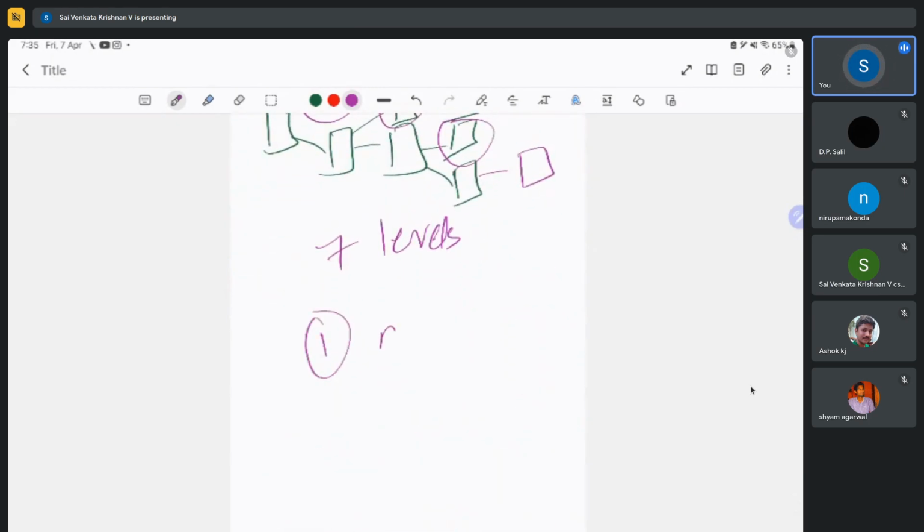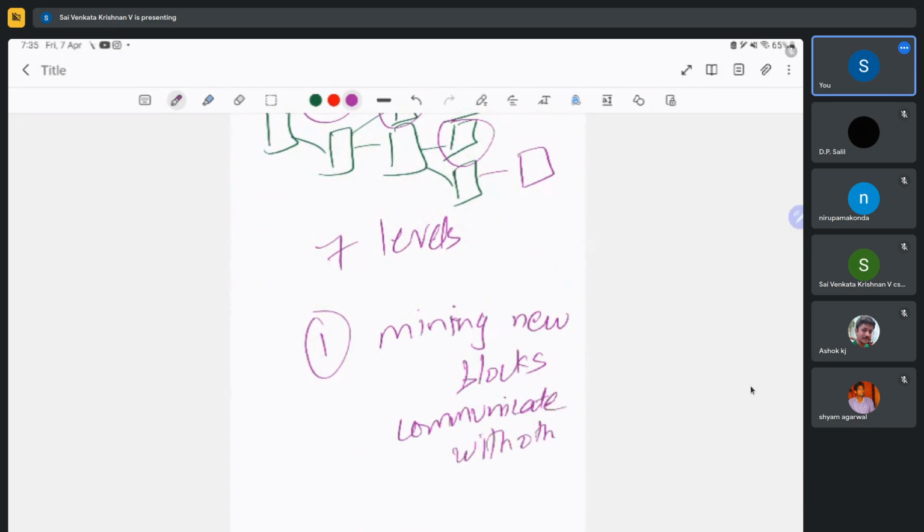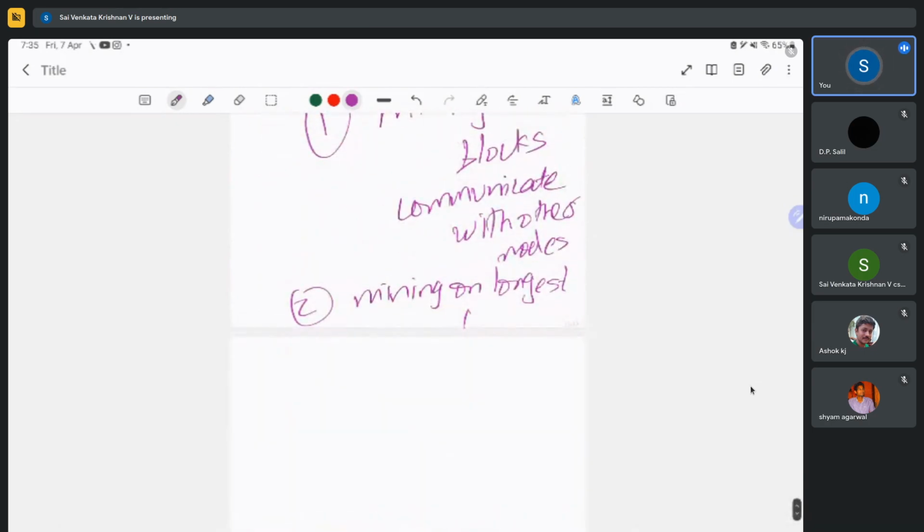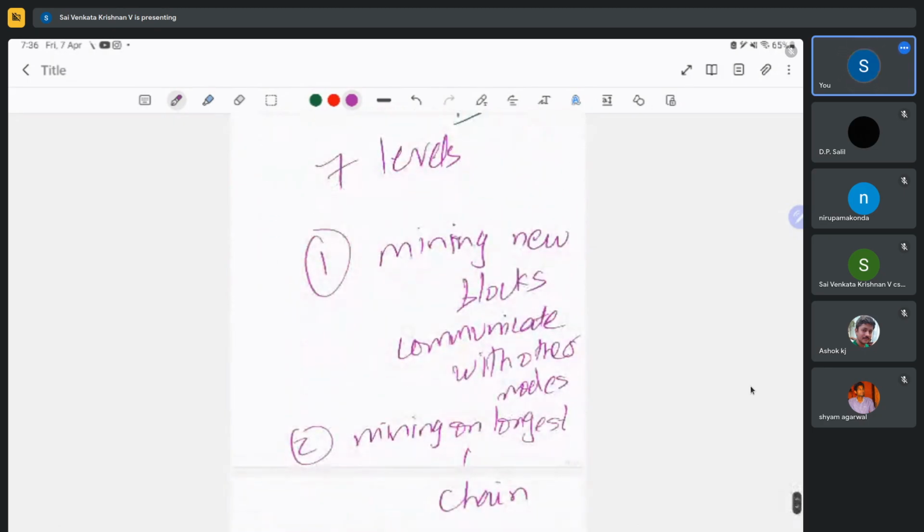One, everyone should be mining new blocks and communicating with the other nodes. That is one goal. And the second goal is mining on the longest chain is preferred, because finally the longest chain is the one where your transactions are getting validated, and all those transactions only reflect in your blockchain, right?